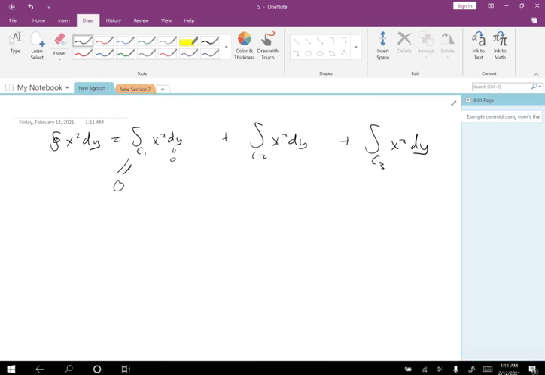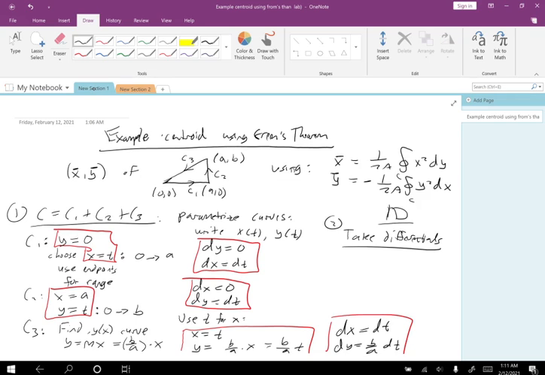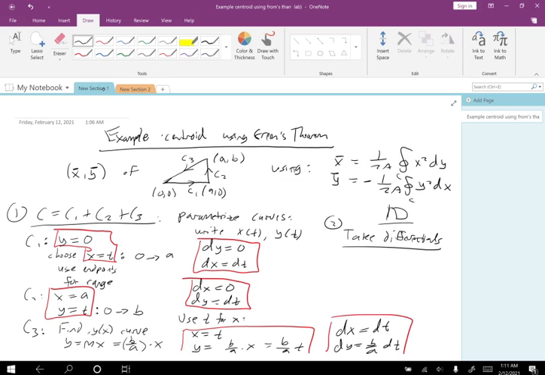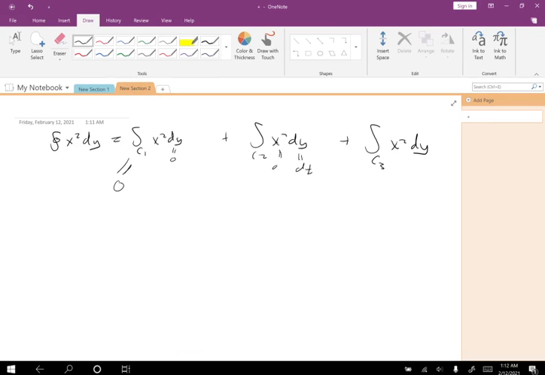For the second case, we know dy is dt, and we know x equals a, and our t limits are from 0 to b. So this looks like a squared b.